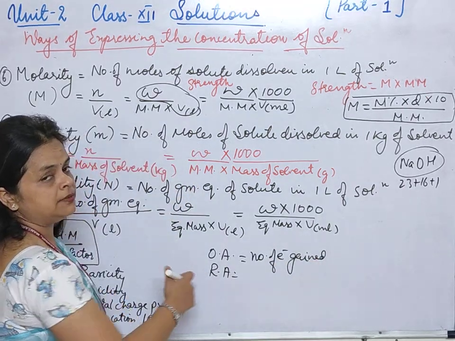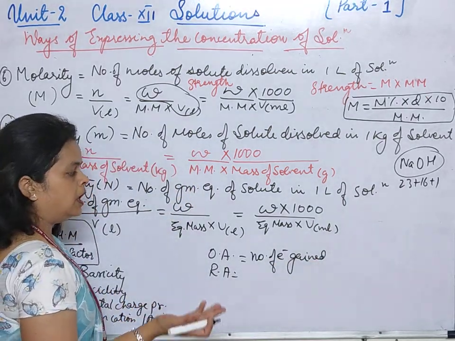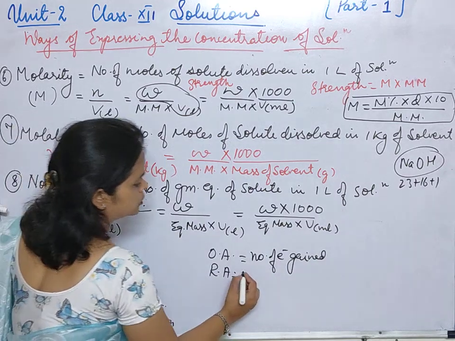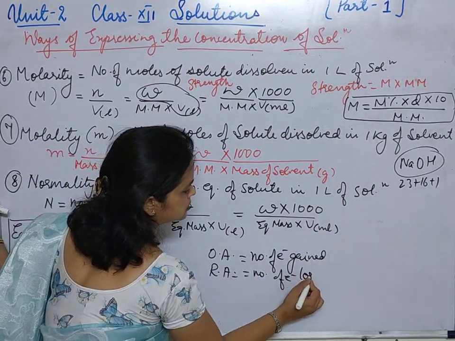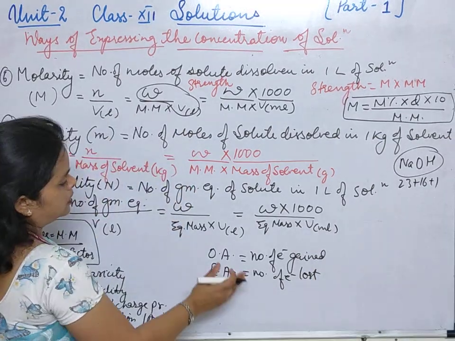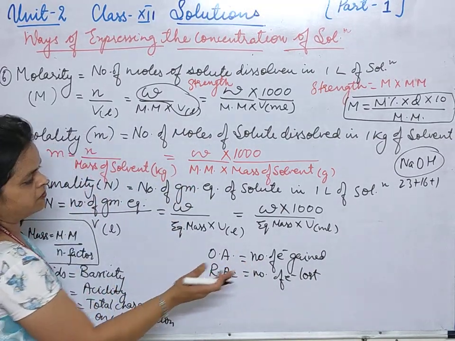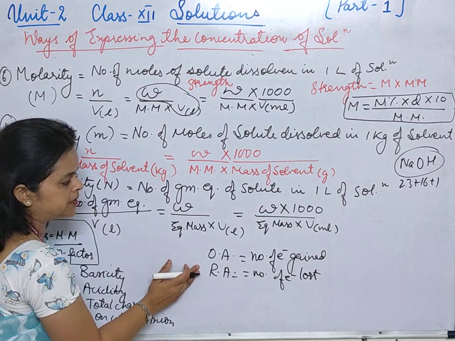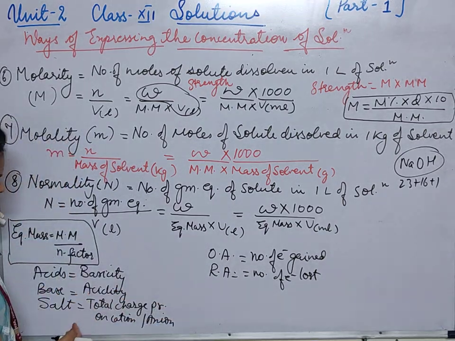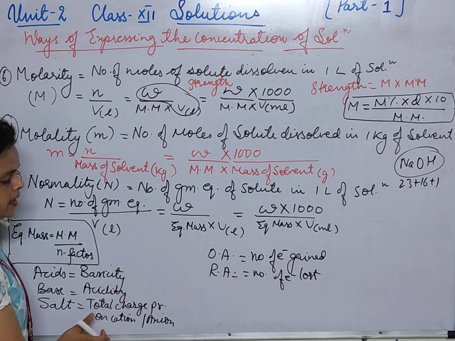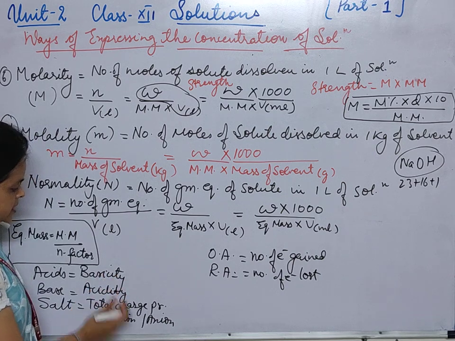Reducing agent, that means they undergo oxidation. Oxidation means loss of electrons. So number of electrons lost. Okay, so in terms of electrons, it will be calculated for oxidizing agents, reducing agents, and for acids, bases, salts, you can calculate it by these various ways.